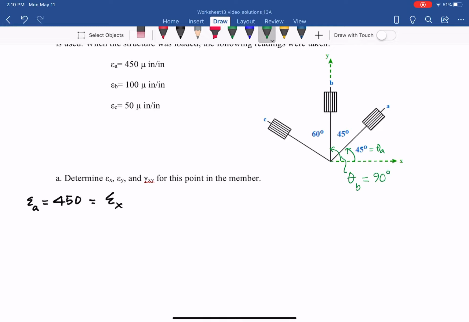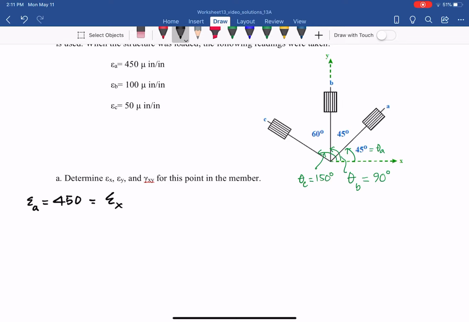And then we also have theta C, which is 45 plus 45 plus 60, so it will be 150 degrees. So with all of those numbers, we can plug in here.